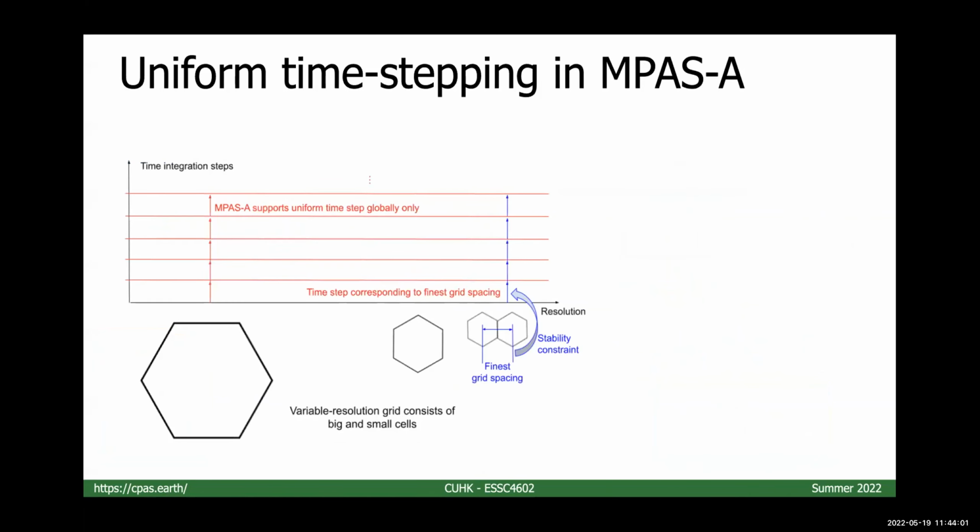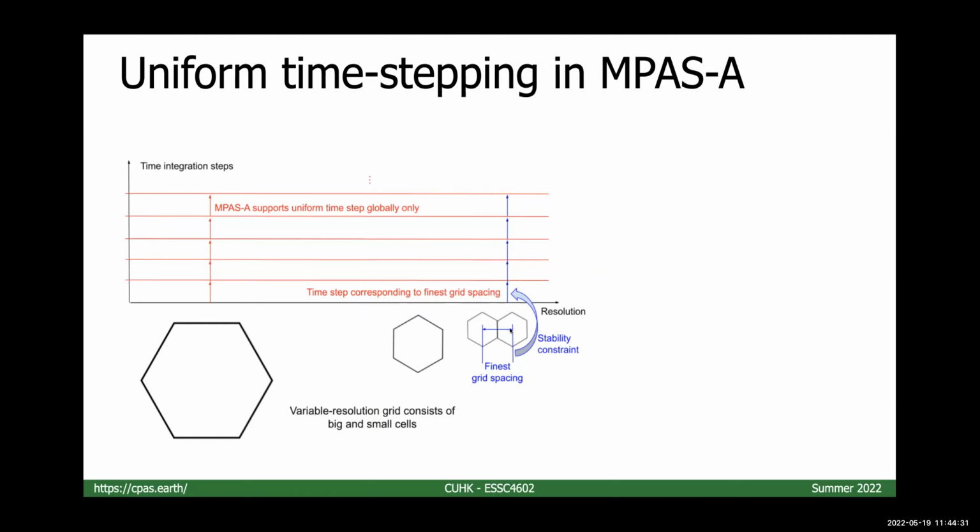So the situation is like this. In unstructured mesh, you have both big cells like this, usually hexagonal, and smaller cells, and even smaller cells in the same grid. So for the stability condition, when you determine the single time step length to use, the constraint is on the finest grid spacing.